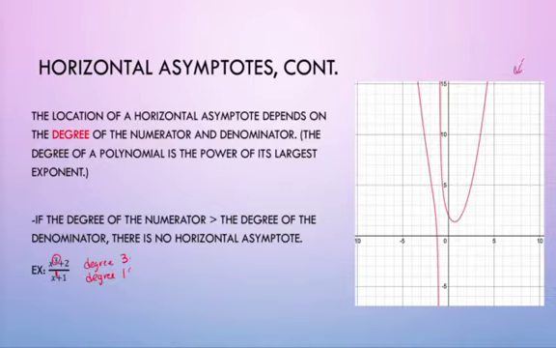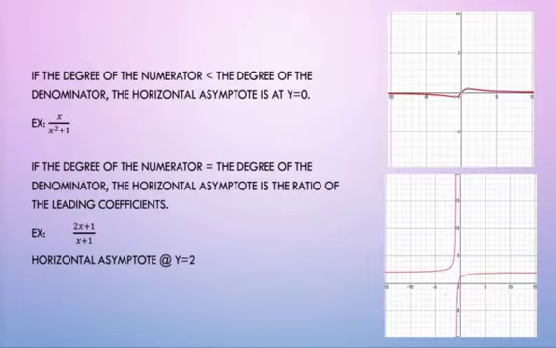You can see this is a very weird looking graph. It does have a vertical asymptote at -1, but it doesn't have a horizontal asymptote. If the degree of the numerator is less than the degree of the denominator, the horizontal asymptote is at 0.